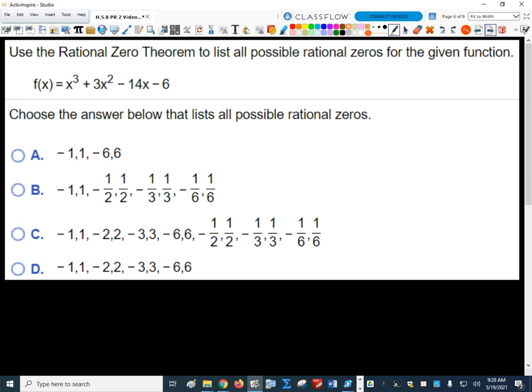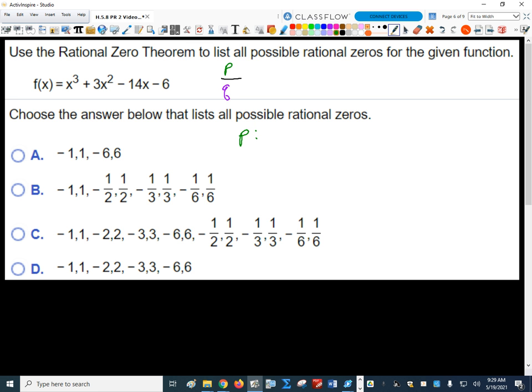So let's figure it out. Let's make a list of candidates here, right? So if our zeros are going to be of the form P over Q, what are the possible values of P? P are the factors of what?